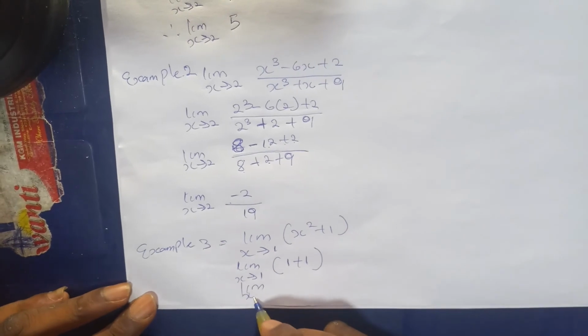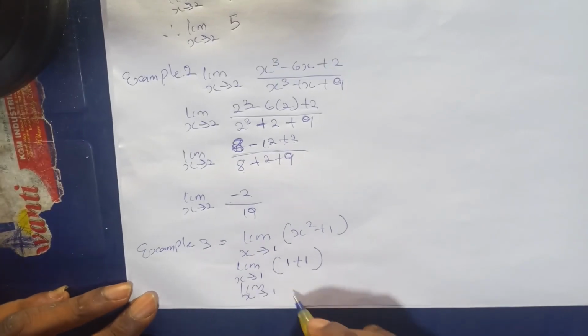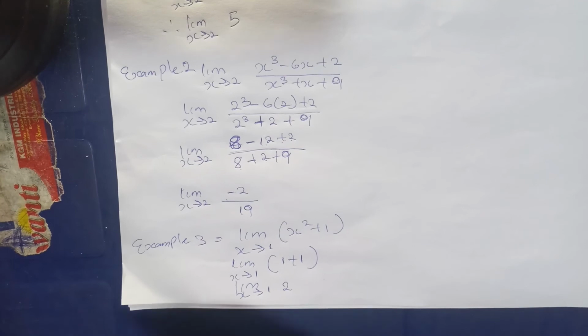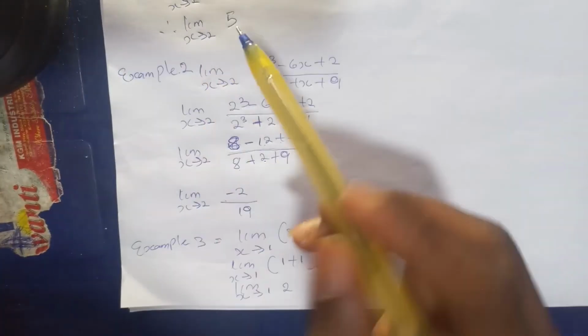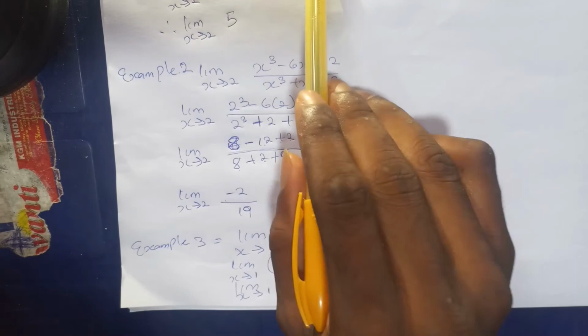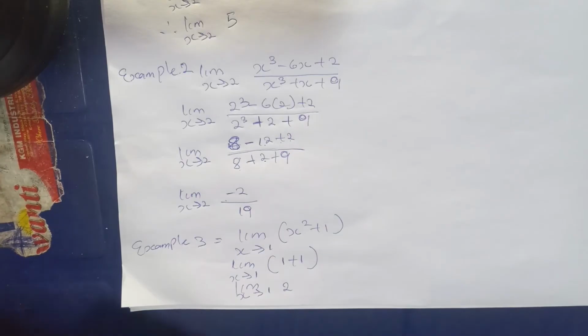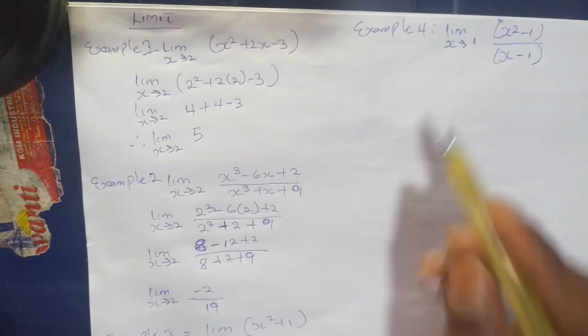Now, lim x approaches 1 is 2. Now, moving forward, when we did a direct substitution of 2 in all these equations, it gave us an answer that is not 0.